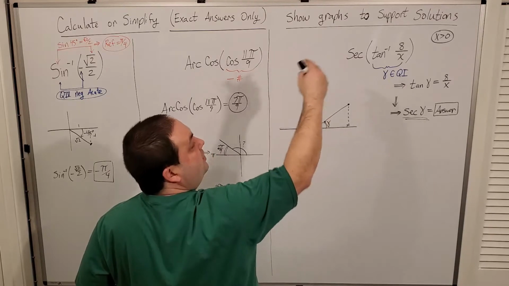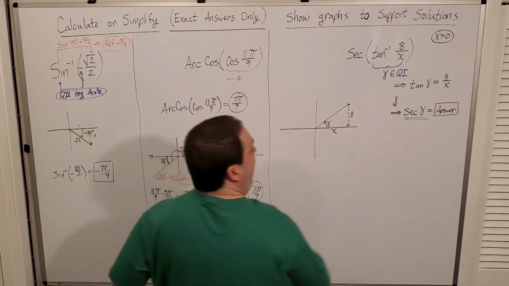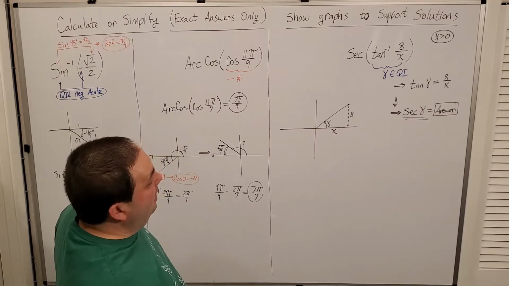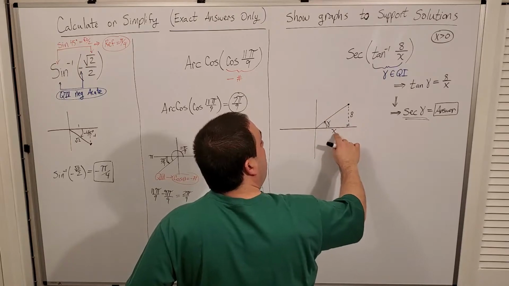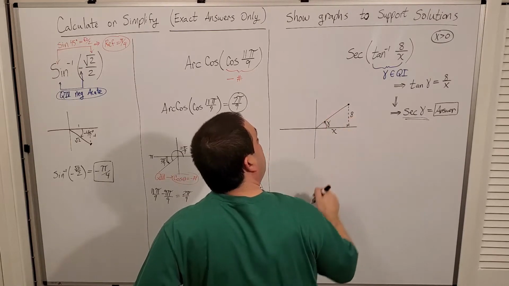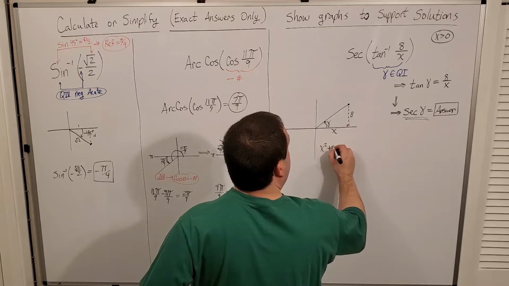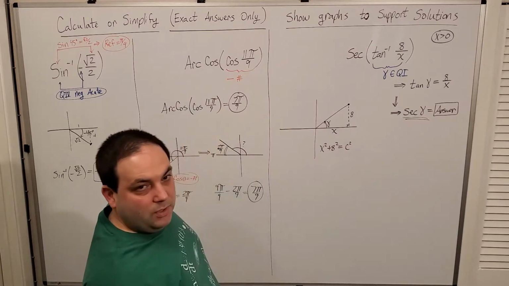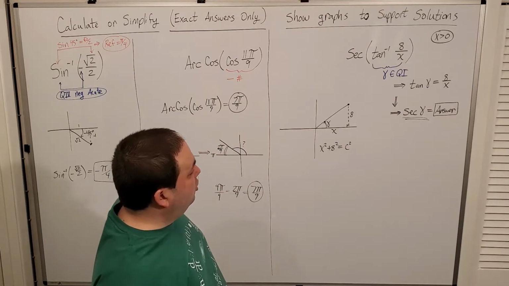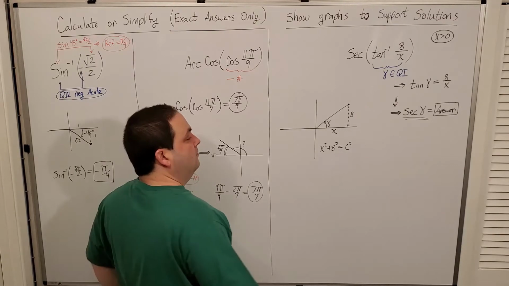Tangent is opposite over adjacent, so this must be 8, and this must be x. I can figure out the hypotenuse with the Pythagorean theorem: x squared plus 8 squared is equal to c squared. I'll use little c since that's typically the hypotenuse. Could also use r.